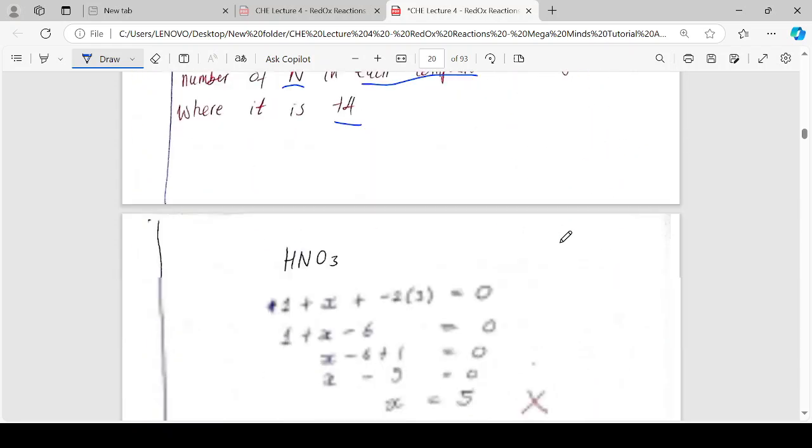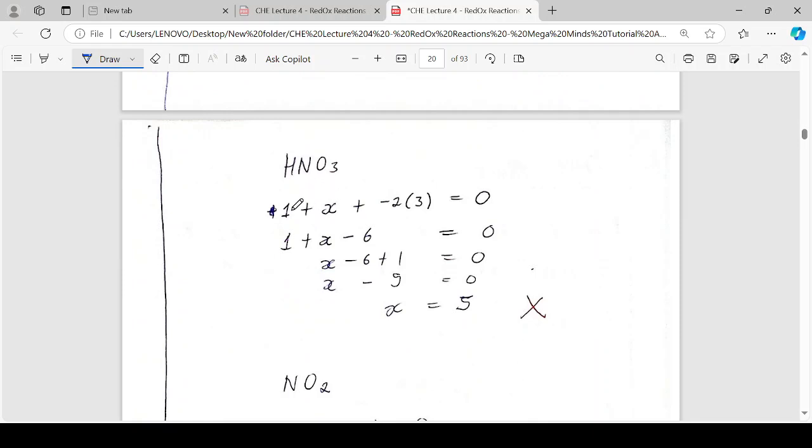So when you solve, this is what I did. The oxidation number of hydrogen is 1, and nitrogen we don't know, it's x. Oxygen is negative 2 times 3, and then everything is equal to 0. So -2 times 3 we get -6, and then we can collect like terms.